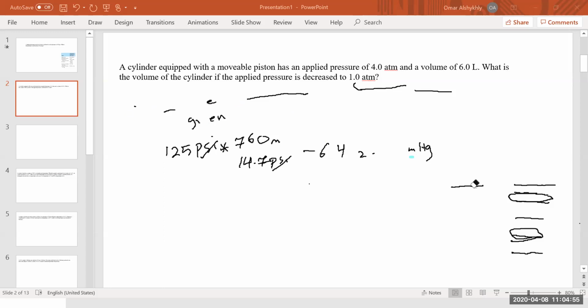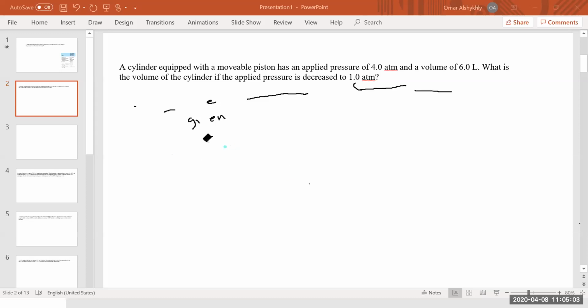Let's go to this example right now. A cylinder occupied with a movable piston has an applied pressure of 4 atmosphere and a volume of 6 liter.